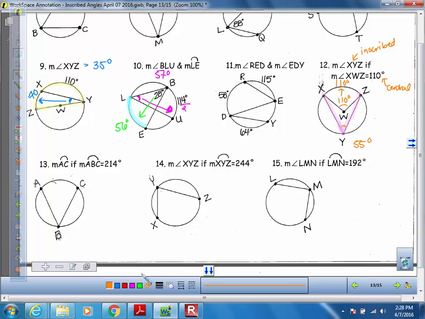Okay. So on 13, they want us to find arc measure AC, and they give us arc measure ABC. So this whole piece right here is 214. Can you tell me how we would find the missing piece?